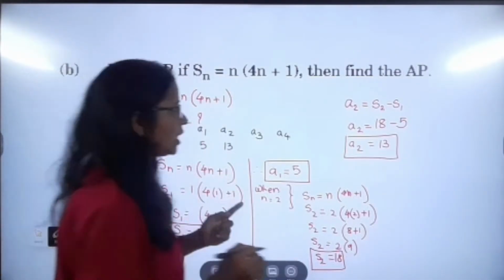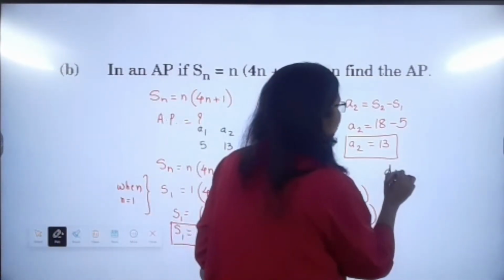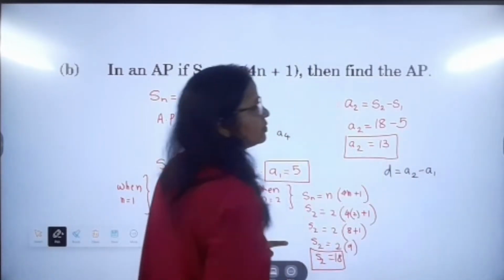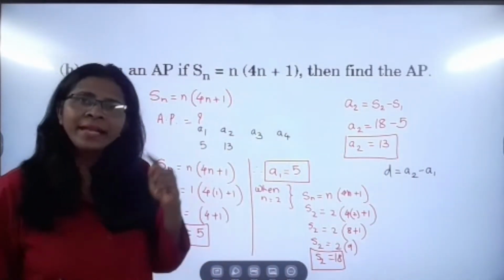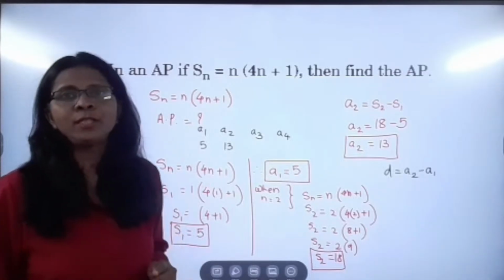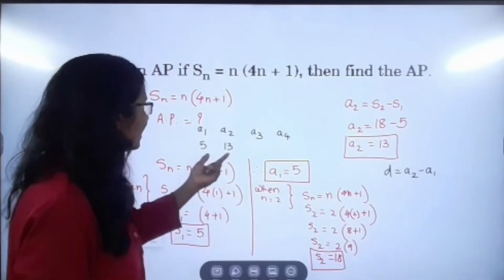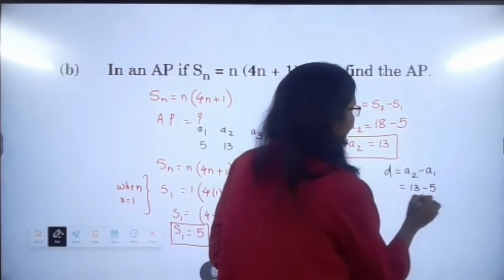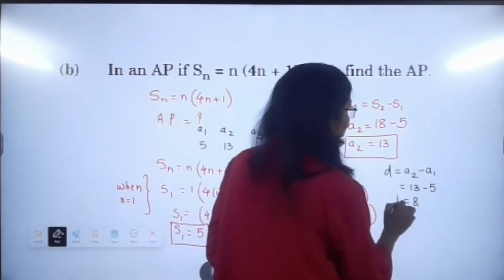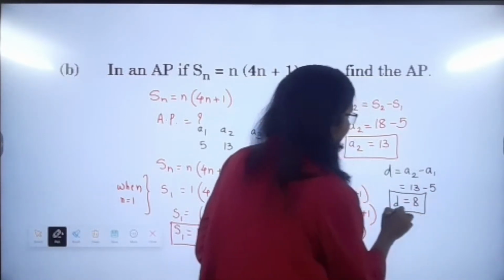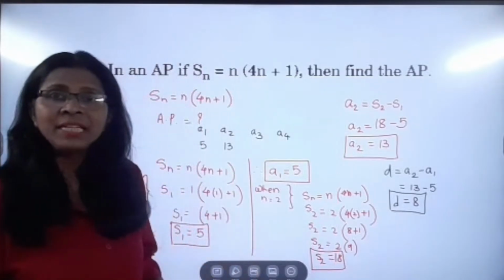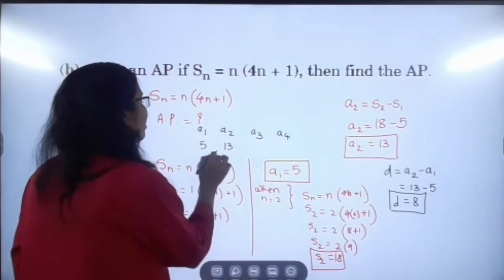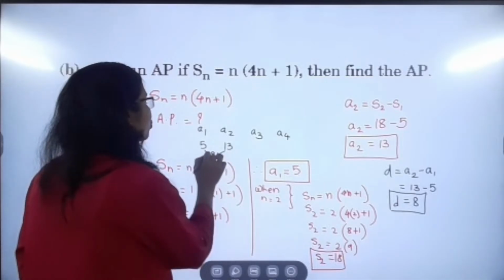From A2 and A1 we can find out the common difference. So A2 minus A1 is equal to 13 minus 5, which is equal to D, 8. D is equal to 8. So the common difference is 8, students.